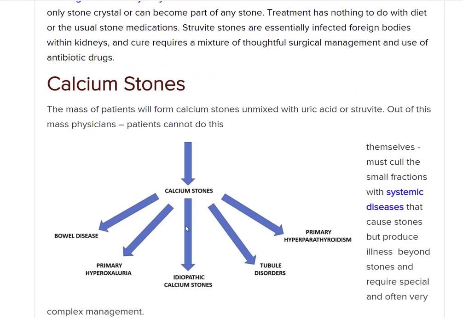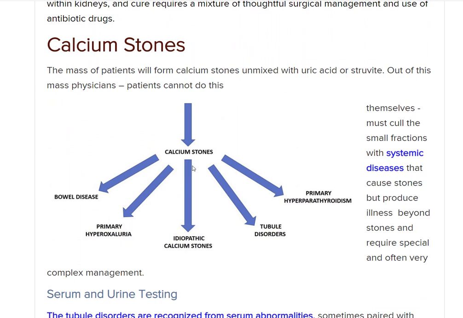Ultimately, most people come down to calcium stones, and they arise basically from 5 big categories: bowel disease, primary disorders of overproduction of oxalate, kidney tubule disorders that are rare, and primary hyperparathyroidism. The rest are called idiopathic, and that's how the thing breaks down.